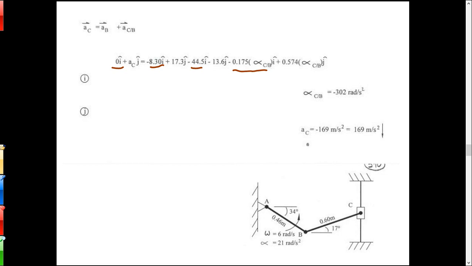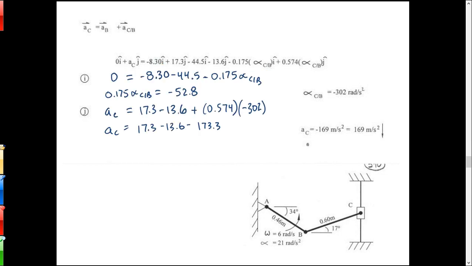And then we've got A_B plus A_C with respect to B. We didn't know what alpha was, so that's an unknown too. So if we run that i equation first, we can solve for alpha. It's negative 302. Just plug that negative into the j equation. You can solve for A_C. That's how that process goes.